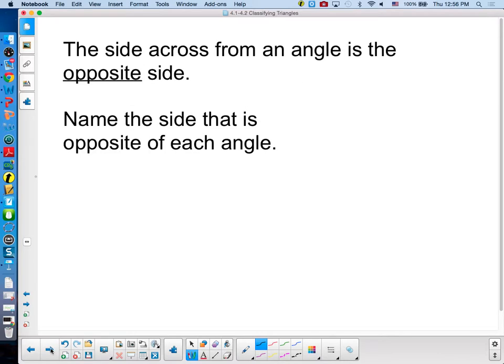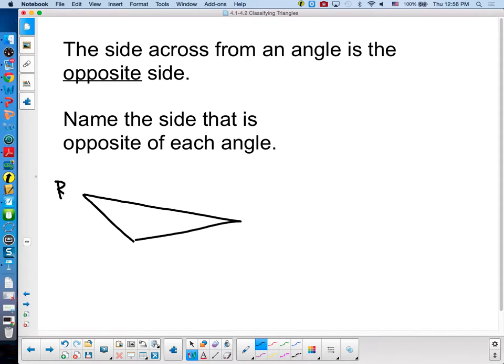The side across from an angle is called the opposite side. The side that's across the triangle, that's its opposite side. So I'm going to give you a triangle here. We'll make an obtuse triangle.